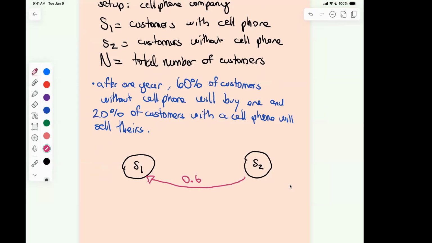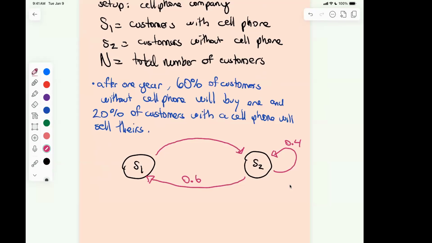So they loop around to the state that they were in, they get stuck there, right? And then of the customers with a cell phone, 20% decide to get rid of their cell phone.